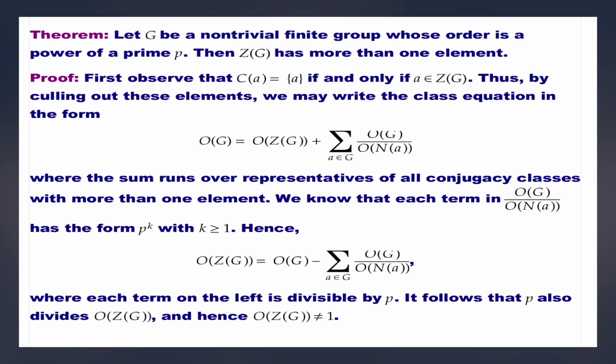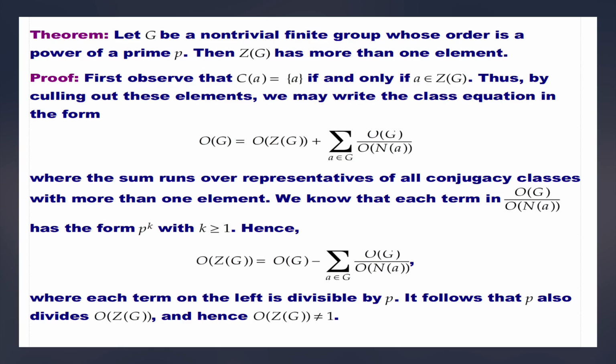The theorem is: let G be a non-trivial finite group whose order is a power of a prime p. Then the center Z(G) has more than one element. Let us prove it. First, observe that C(a) is the singleton set {a} if and only if a is in Z(G).